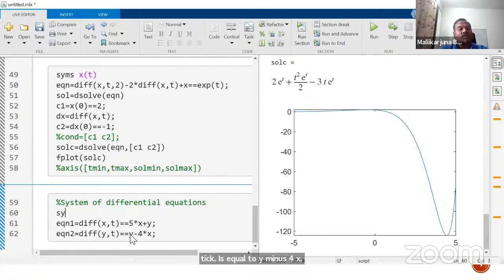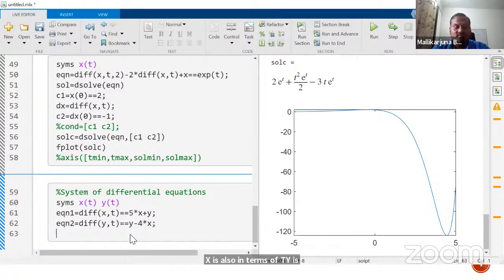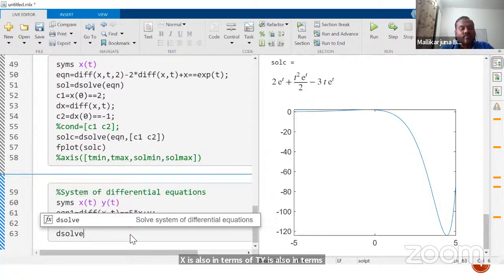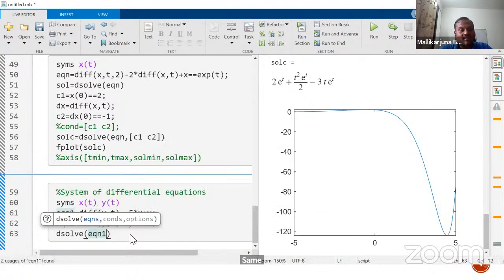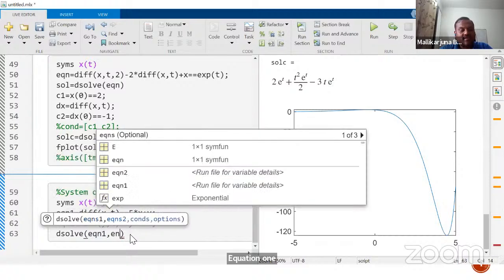So what solutions do we want? Solution x in terms of t, y also in terms of t. Same, dsolve equation 1, equation 2.